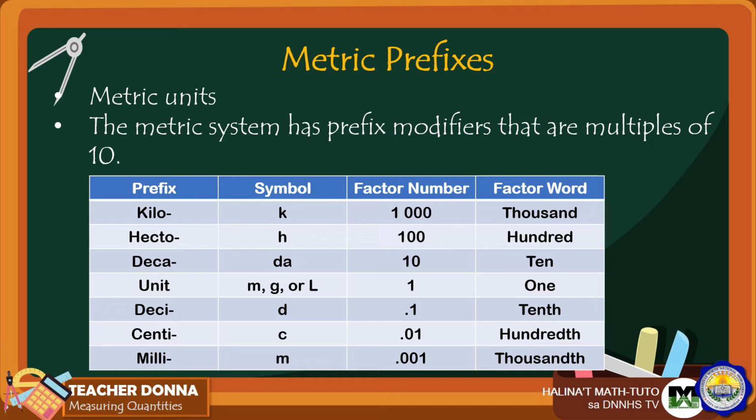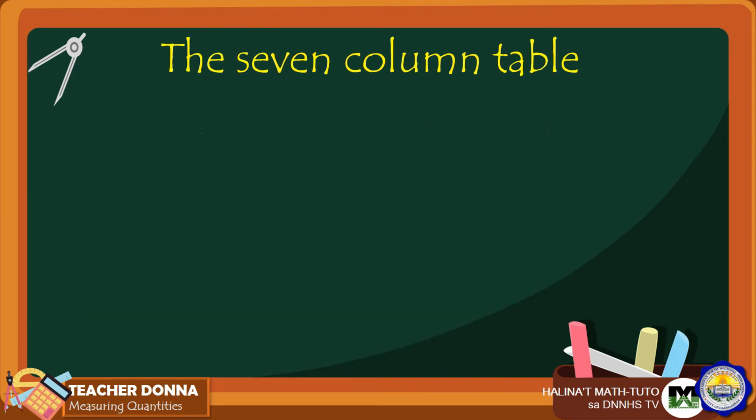We also have centi, which has a symbol of C and a value of 1/100 or 1 over 100. And then we also have milli, which has a symbol of M and the value of 1/1000 or 1 over 1,000.